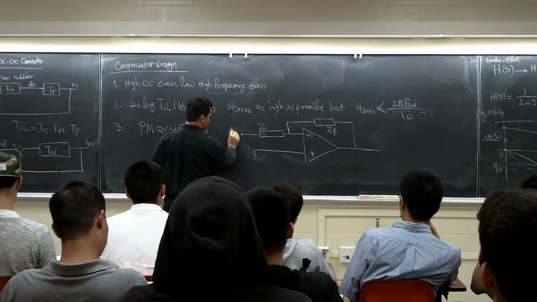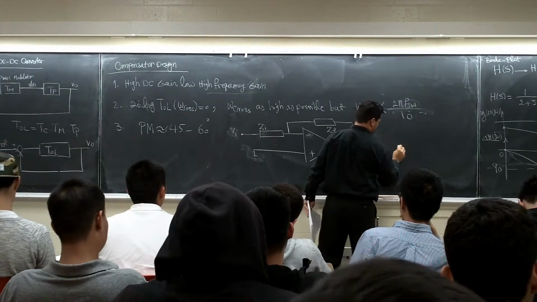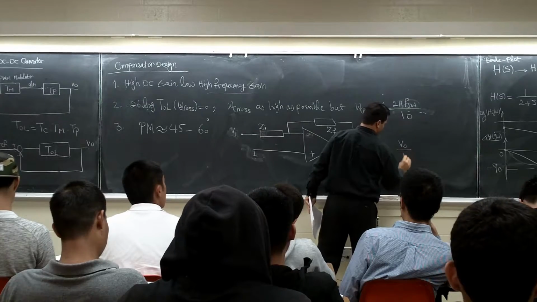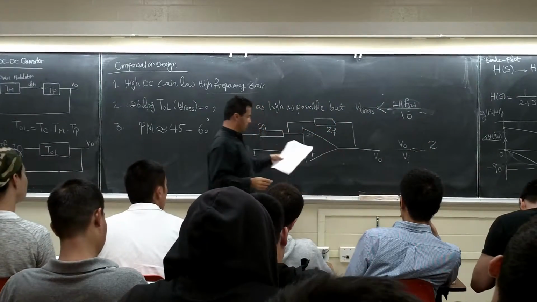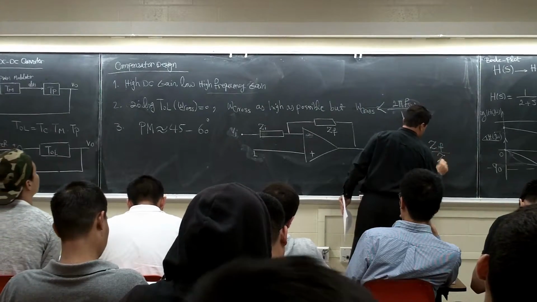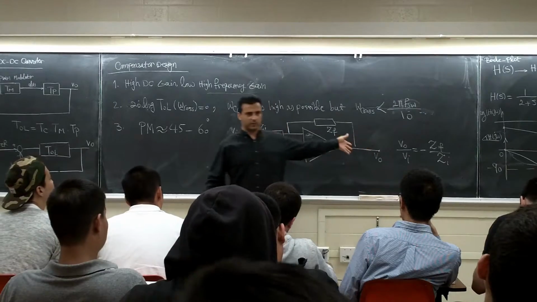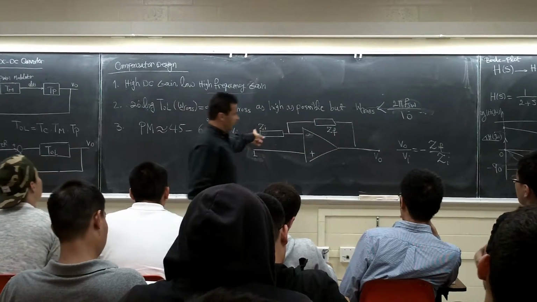Make this one VI and this is VO. The transfer function VO over VI is minus ZF over ZI, right? You know this one, right? From circuit theory, I think we have done this many times. So this is the transfer function for this system.